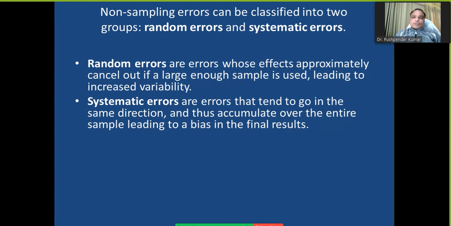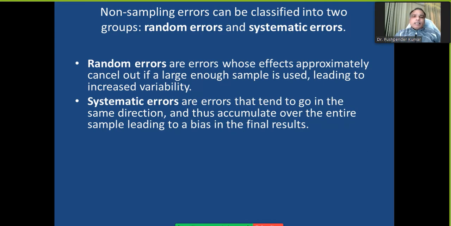It's linked with the questions, or maybe some method, that throughout, even if you increase the sample size and go for a large sample size, the error will remain there. I hope now you understand.